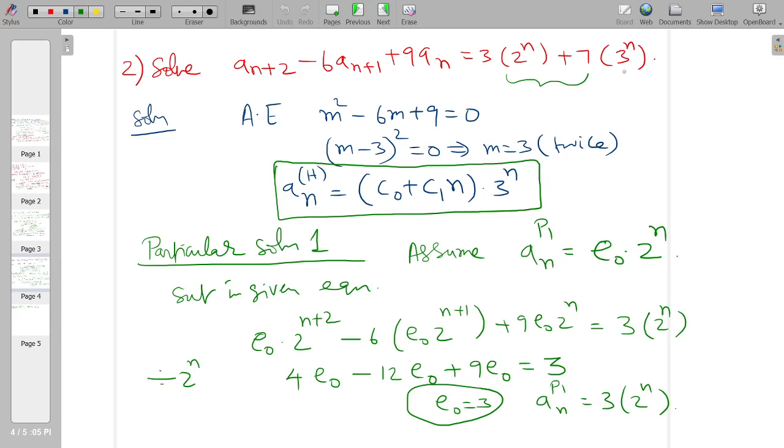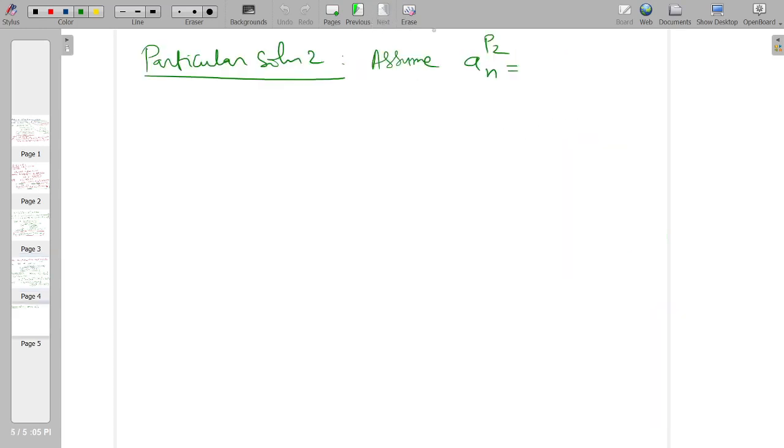Because this 3 gets repeated 2 times, what you have to assume here is alpha naught n squared 3 power n. Because that gets repeated 2 times, I take n squared. Suppose if it gets repeated 3 times, then I have to take n cube. If it gets repeated once, then I have to multiply alpha naught 3 power n with n. So that you have to keep in mind.